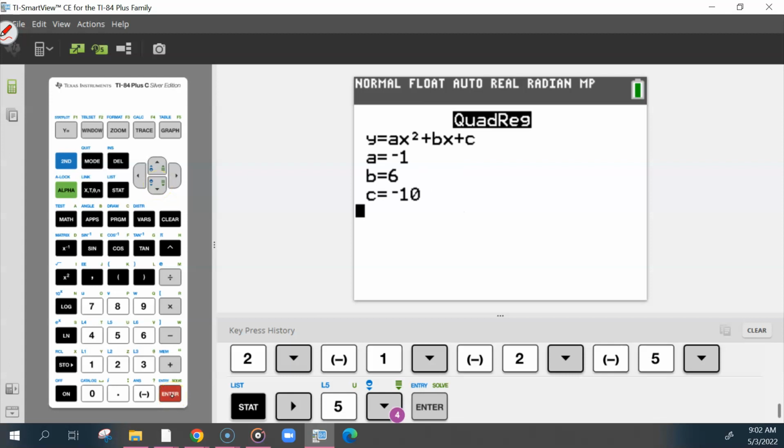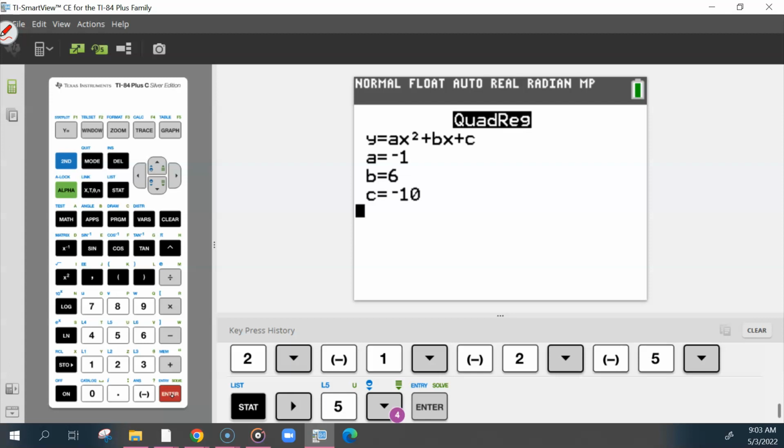You may have put in a minus instead of a negative for them. So our equation for this would be what?